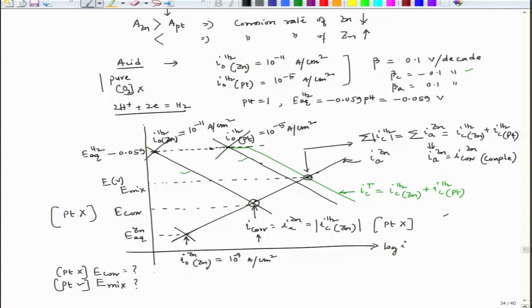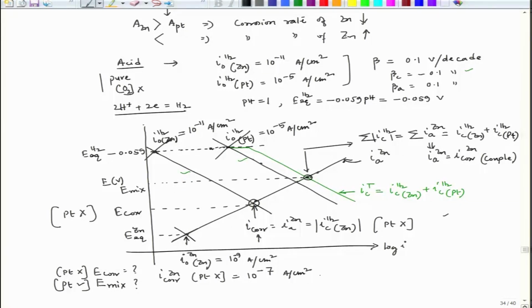Now, the value I corr of zinc when platinum is not present is given as 10 to the power minus 7 ampere per centimeter square. This is an arbitrarily chosen value.